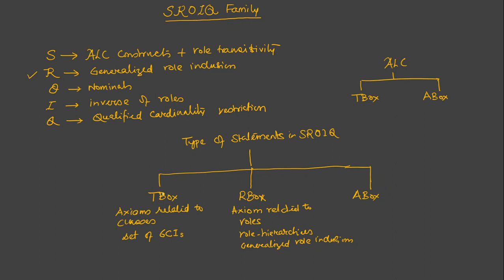Now, we know already what we mean by T box and A box, so we are not going to discuss them. But we have a special interest in this R box. The composition of the R box and the constraints over this R box are very important to us. The R box really contains the generalized role inclusions.